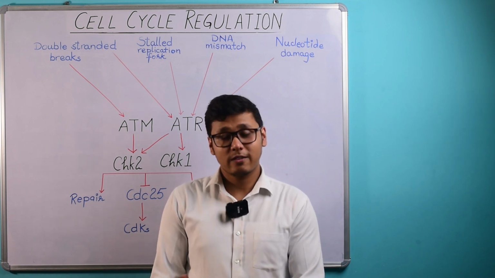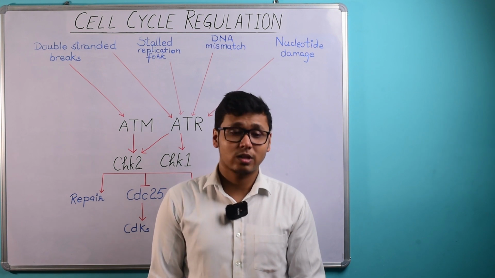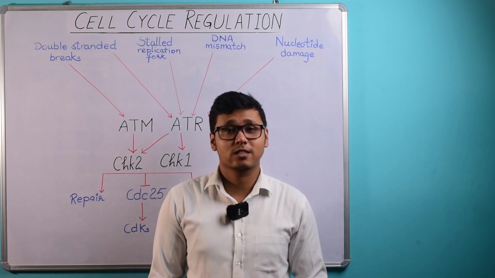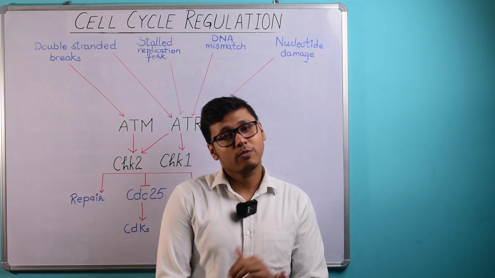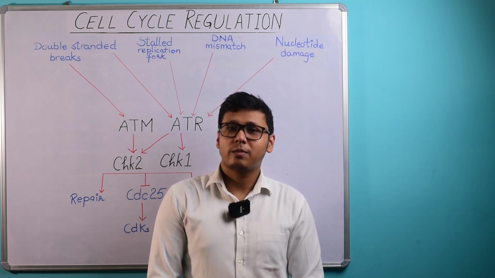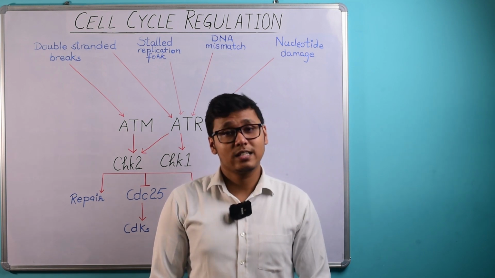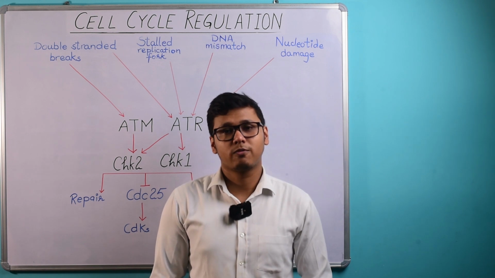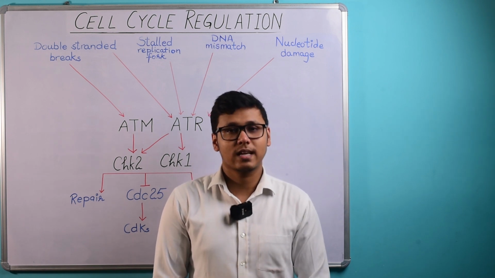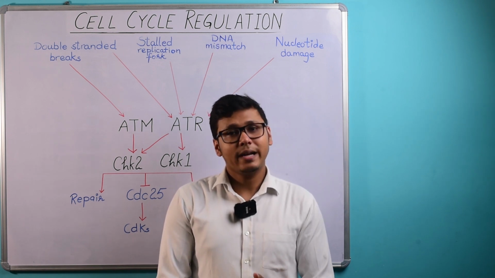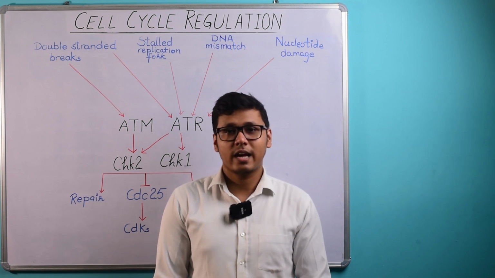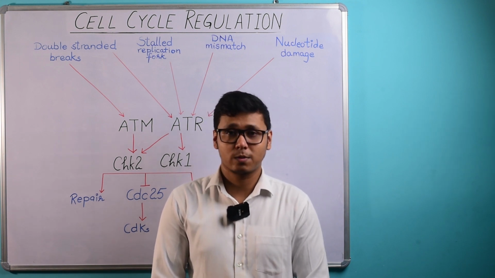Then we saw the cell fusion experiments, with which we came to know that there are some cytoplasmic factors responsible for transition from one phase to another. Then we learned about the different cyclins and CDKs and the other factors responsible for the regulation of the cell cycle. And then we moved ahead and saw the different phases and how the transition actually takes place.